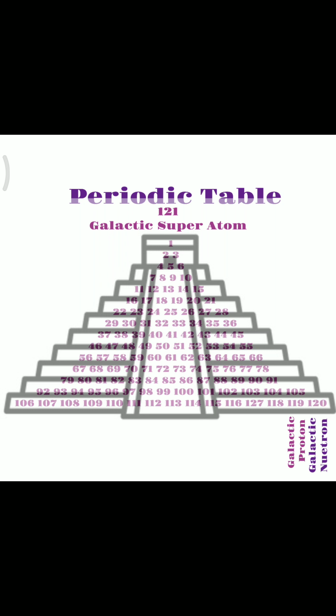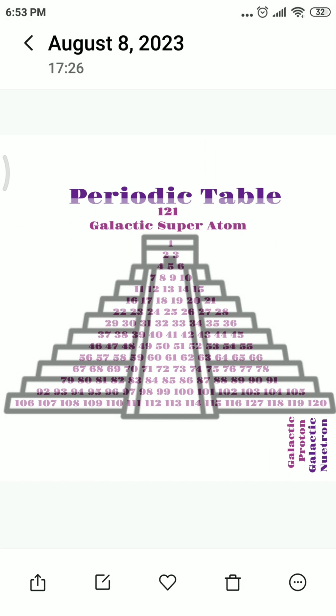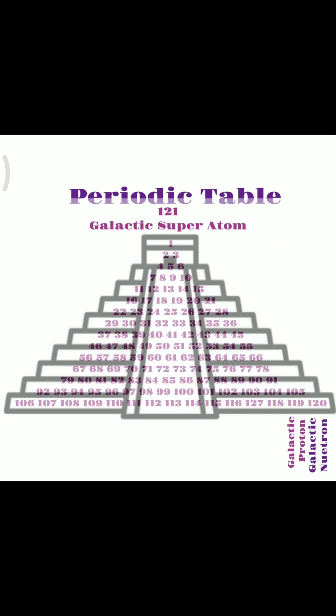But basically, to accommodate the periodic table, which has 118 elements, in this pyramid, let us explore. Instead of having 13 steps and only 7 planets, if you have 9 floors... actually, there are 9 floors here already.